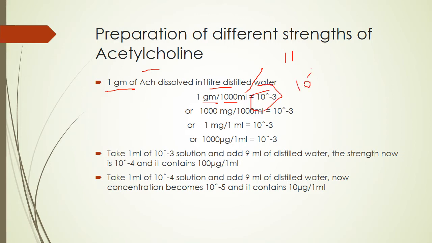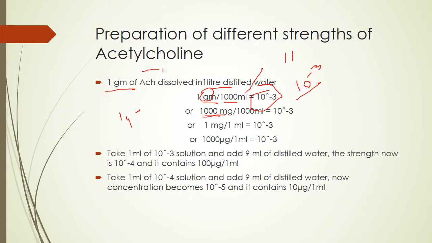That is the most concentrated amount of acetylcholine that we make. So we take 1 gram of acetylcholine in 1000 ml of water, or in other words 1000 milligrams, because 1 gram is equal to 1000 milligrams.